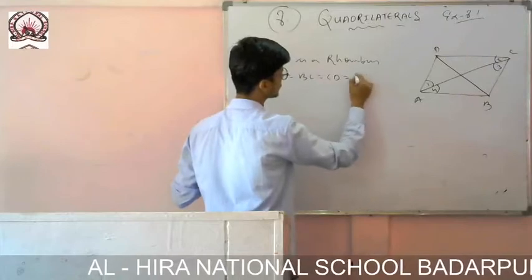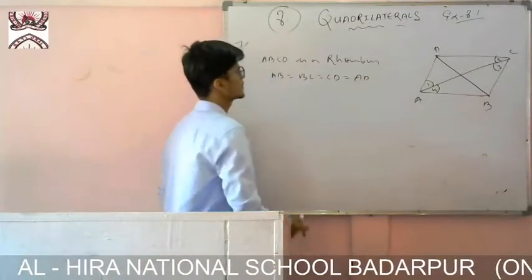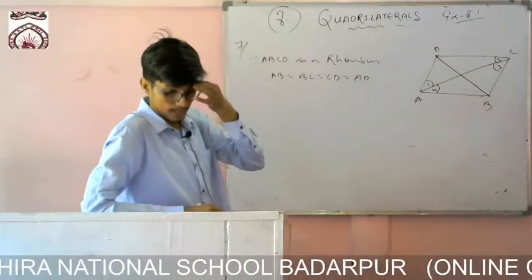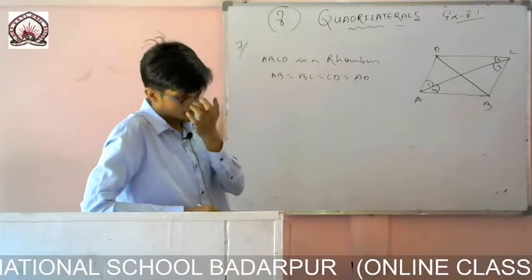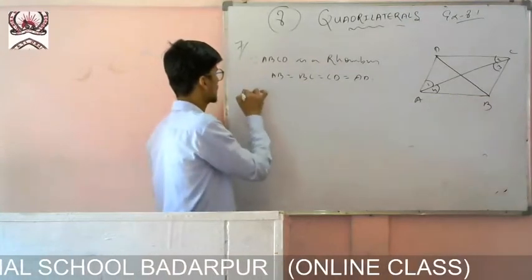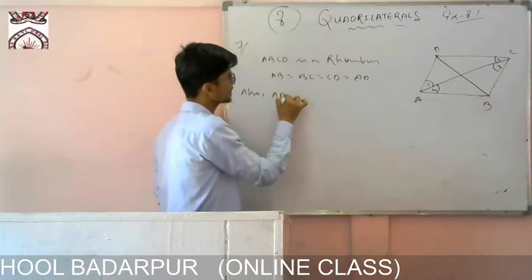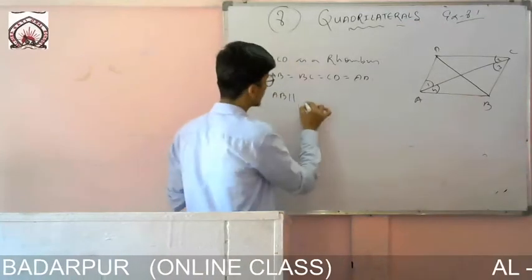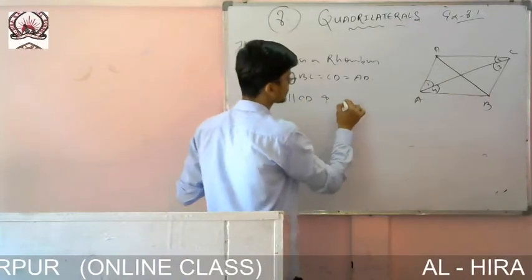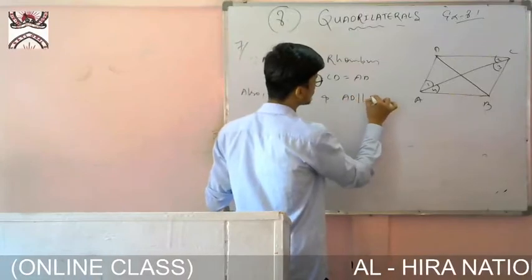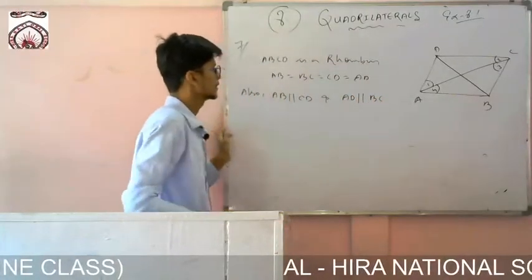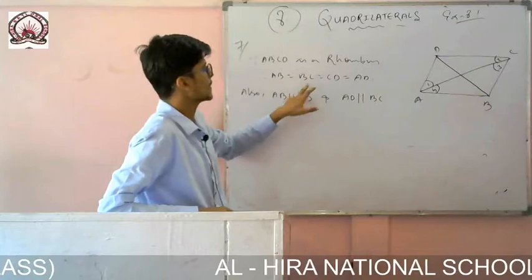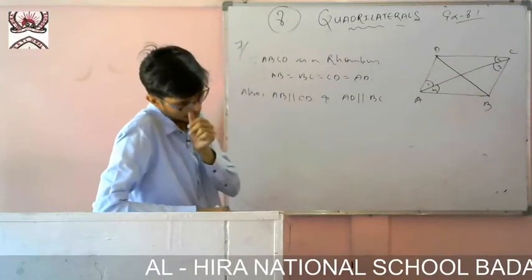Also the sides are parallel: AB is parallel to CD and AD is parallel to BC. In a rhombus the sides are equal and parallel also.